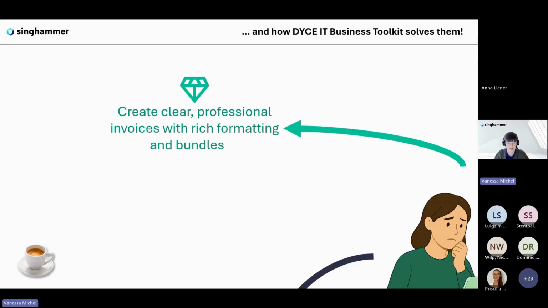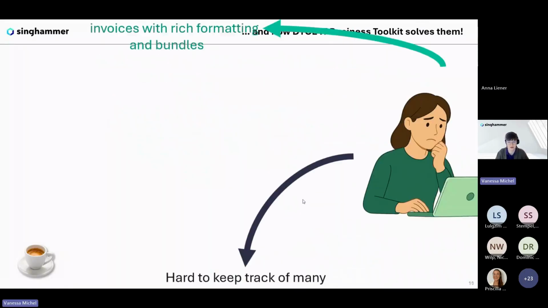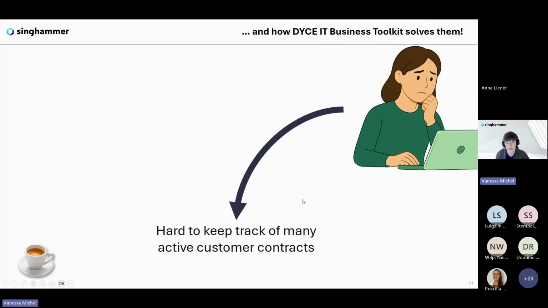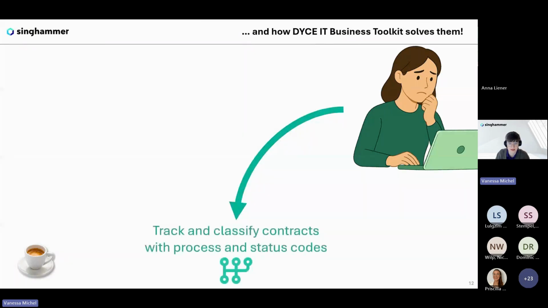Okay, and last one, small example. How can we keep track of all those customer contracts? How can we have a better overview together with the IT Business Toolkit? For this case, what we introduced are the process code and a process status code into the contracts.